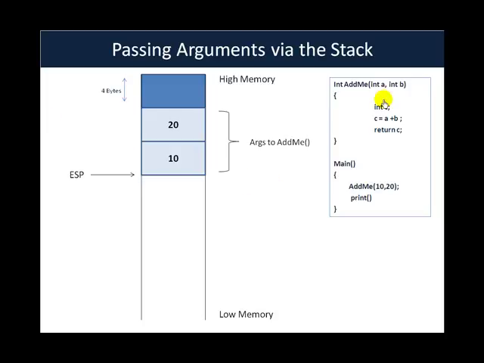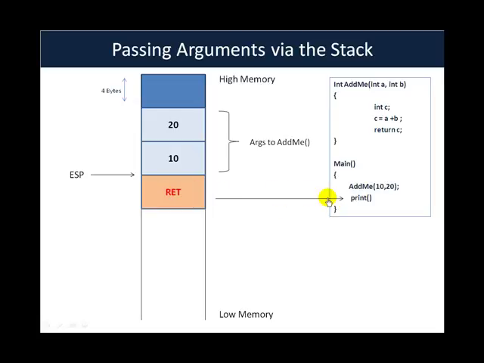At this point, before function addMe is called, one needs to understand that there needs to be a way, after addMe has done its job and exits, to go ahead and start with the next instruction, which is print. Now in order to do this, the instruction print's memory location is actually stored onto the stack, and this is what is called the return address, or the ret.